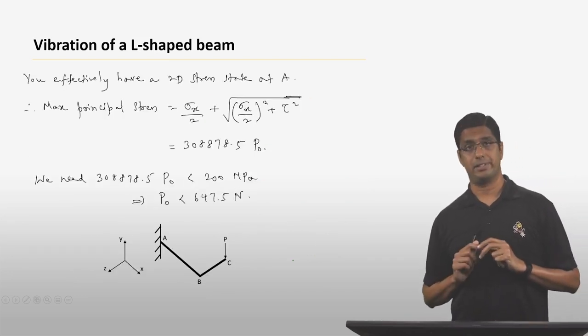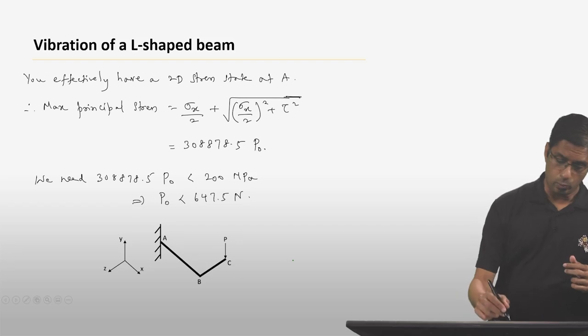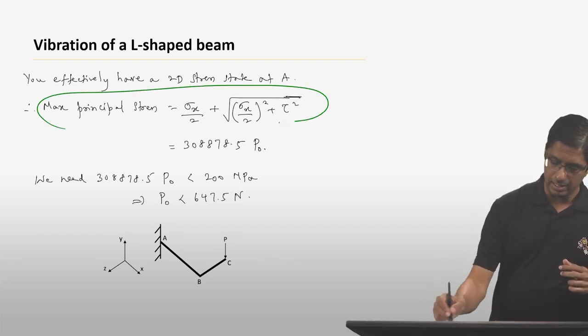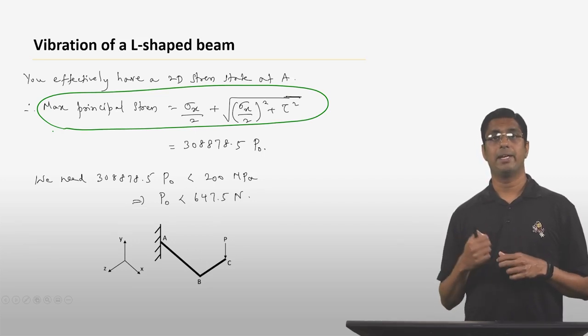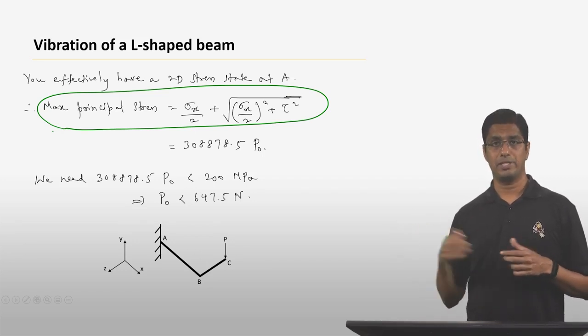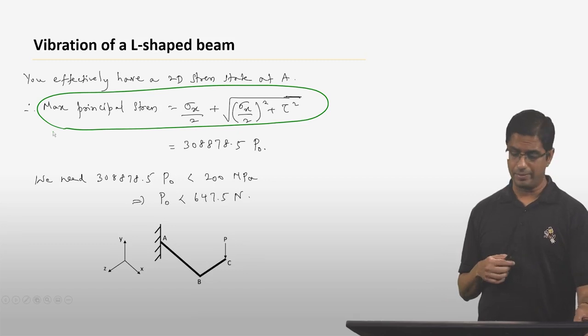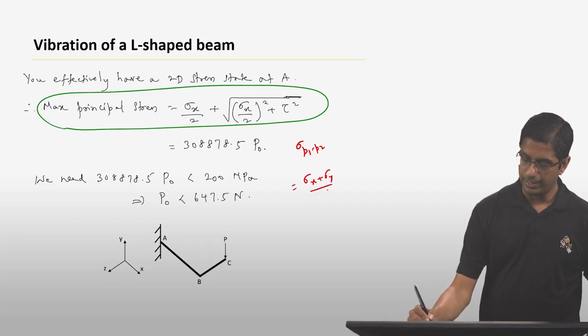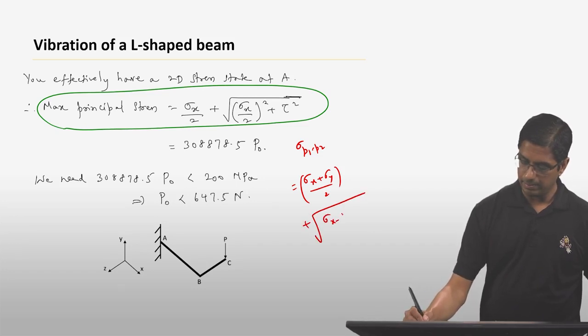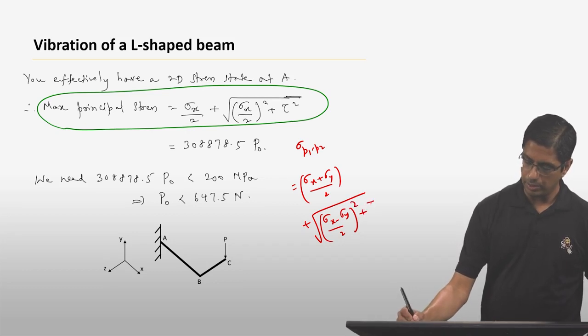When you have a 2D stress state, you can find the maximum principal stress using this formula: sigma x by 2 plus the square root of sigma x by 2 the whole square plus tau square. And where is this formula coming from? It comes from sigma P1, P2 equals sigma x plus sigma y by 2 plus or minus the square root of sigma x minus sigma y by 2 the whole square plus tau square.